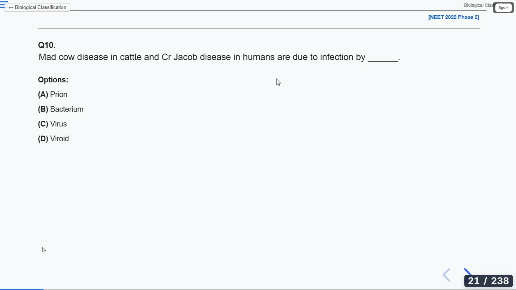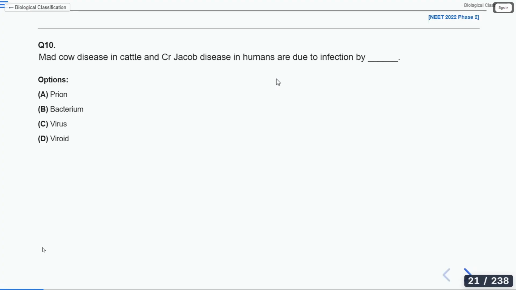Any other definition for viroids? Very good. It is made only of RNA. So viroids are smaller than virus, that is fine. But viroids are single-stranded circular RNAs. So they can infect mostly plants and they can cause diseases. Even smaller than virus. Okay, very good. So let's see the answer.